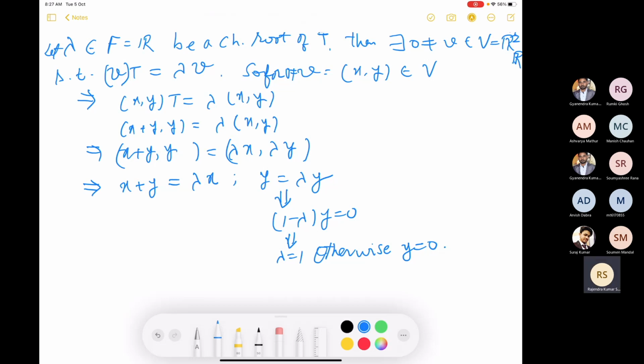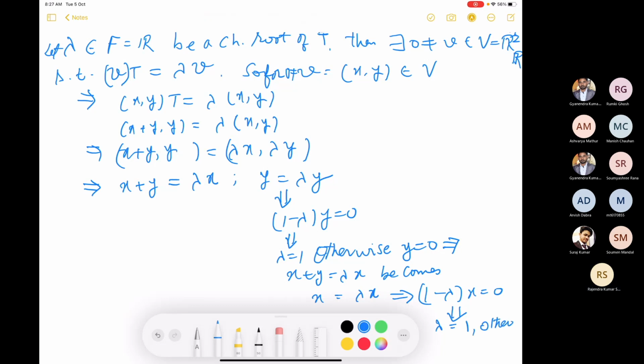From the first equation, x plus y is equal to lambda x, so x becomes x plus 0, so this is x equal to lambda x. So that will force that 1 minus lambda x is equal to 0, and this will mean that lambda is equal to 1.